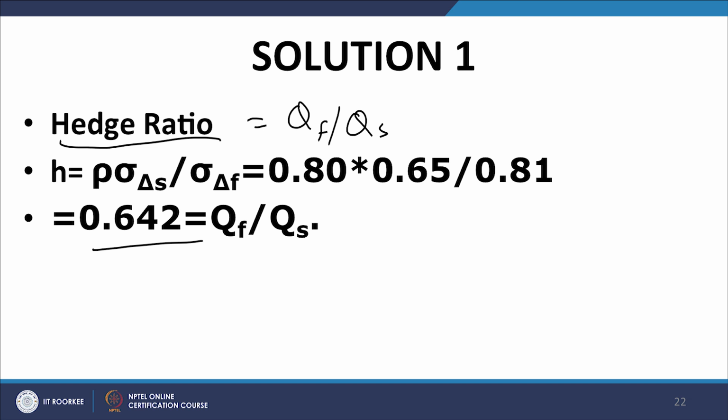Calculation gives us 0.642 as the hedge ratio, and by the definition the hedge ratio is equal to QF upon QS. Therefore, the hedge that we need to create in the futures market would be 64.2% of the exposure that we have in the spot market in terms of the number of units.